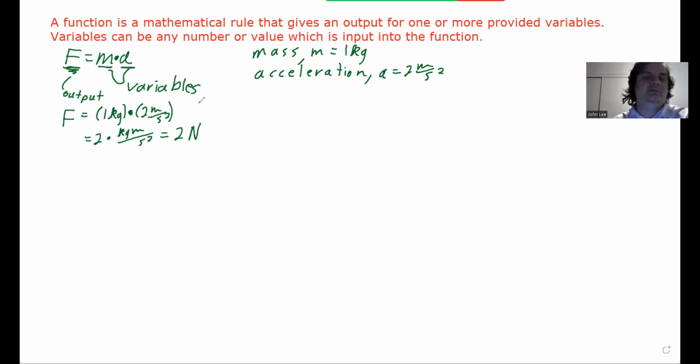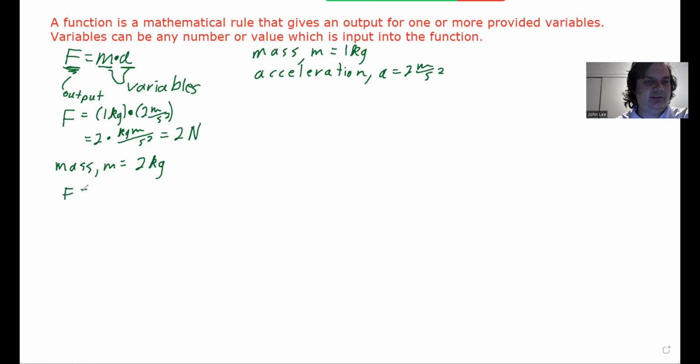And then if you instead choose a mass of 2 kilograms instead, so if we vary our variable, if we choose another mass, then that's going to give us a different answer because we have changed what input goes into the equation. We have changed what output comes out of the equation.